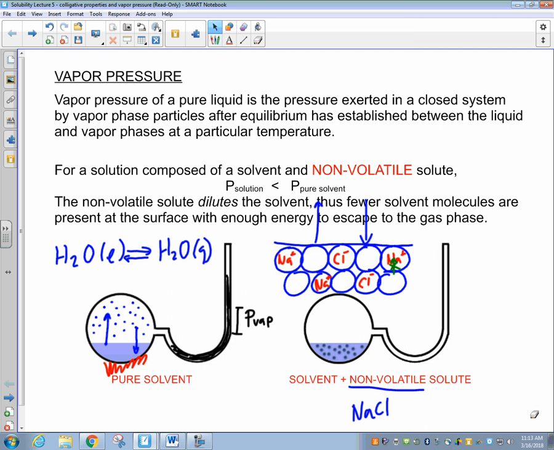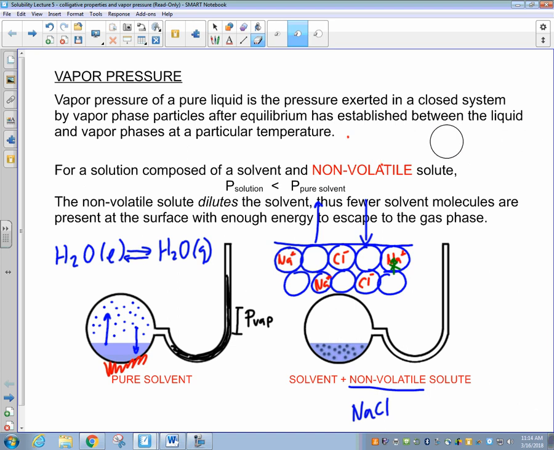So the net effect is that, for a system that had been originally in equilibrium, we now see a system in which the rate of our forward reaction, the rate at which H2O evaporates from the liquid phase into the gas phase, is now slower than the rate at which H2O in the gas phase changes back into a liquid.